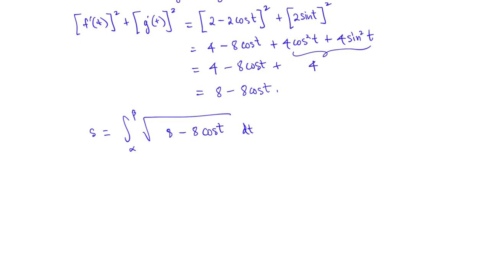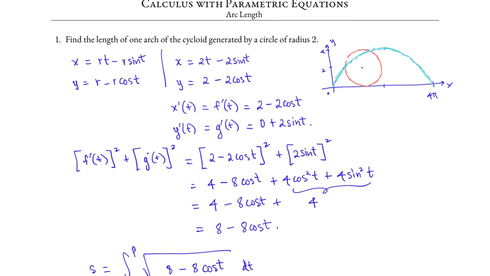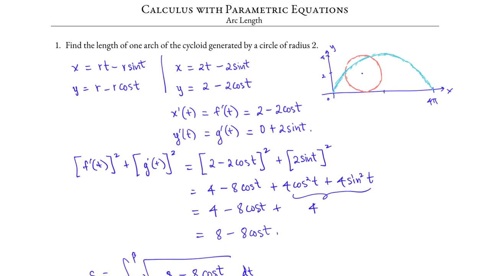The lower limit of integration is alpha and the upper limit of integration is beta. In this case, the cycloid is parameterized with the parametric equations x and y, and the parameter interval goes from 0 to 2 pi only.